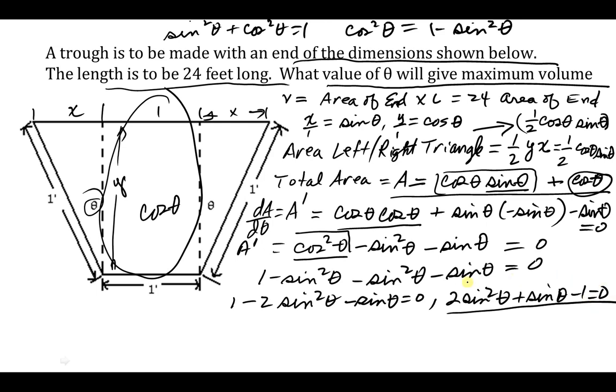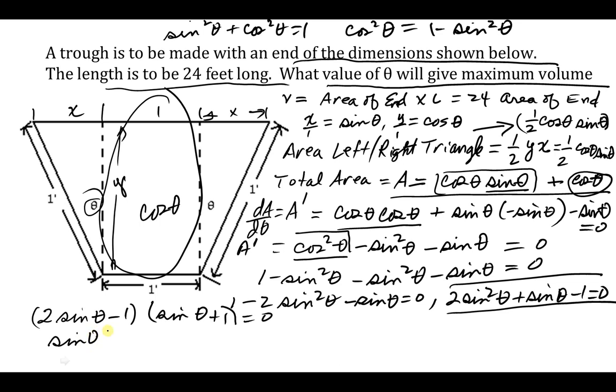So what we need to do is factor this, and we notice the factors would be 2 sine of theta minus 1 times sine of theta plus 1 equals 0, and we get sine of theta equals 1/2 and sine of theta equal minus 1 are the critical values.